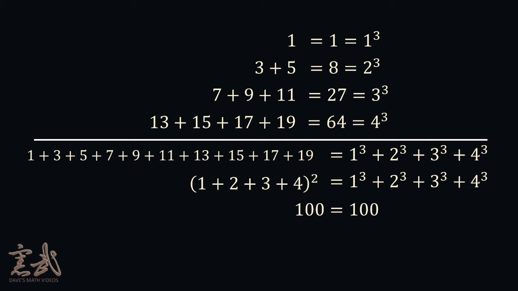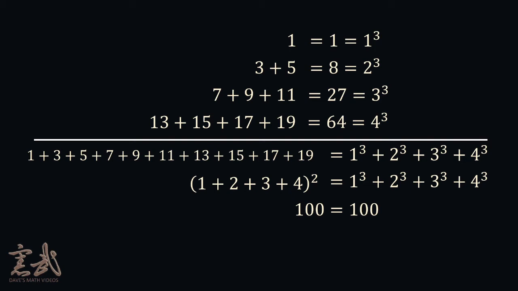And if I take the next four odd numbers, I get 64, which is equal to 4 cubed. So if I add everything on the left-hand side, I get the odd numbers 1 through 19, which comes out to be 100. And on the right-hand side, I get the sum of the cubes 1 through 4, which also turns out to be 100.